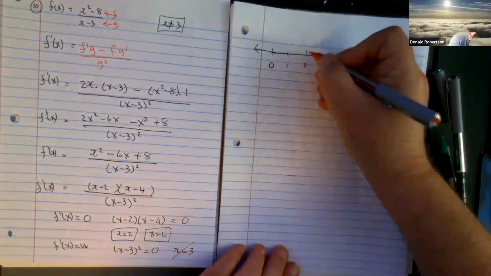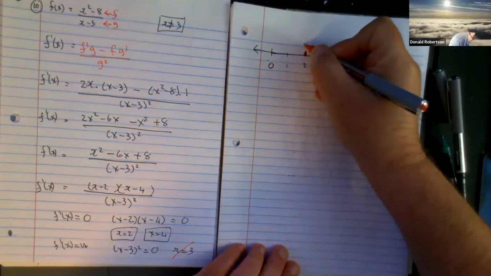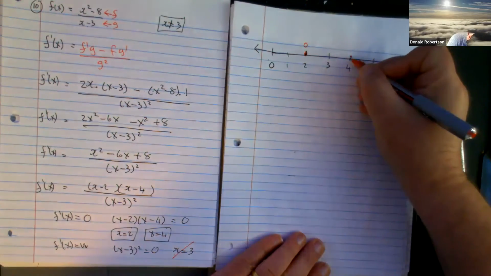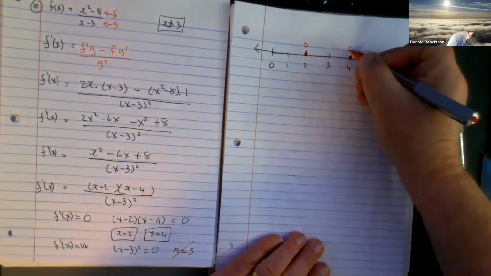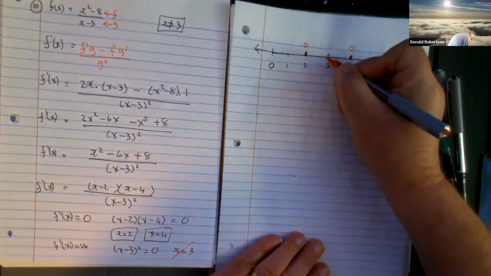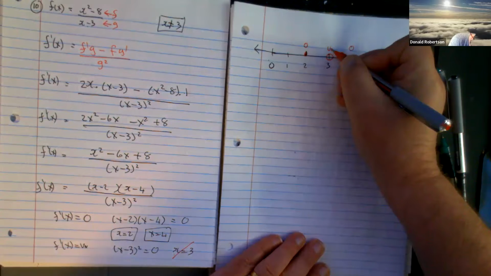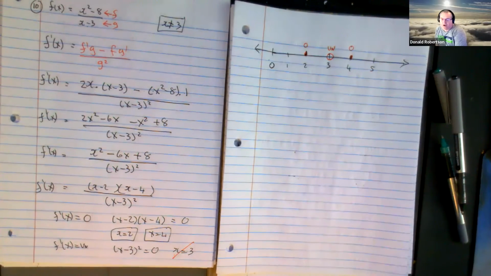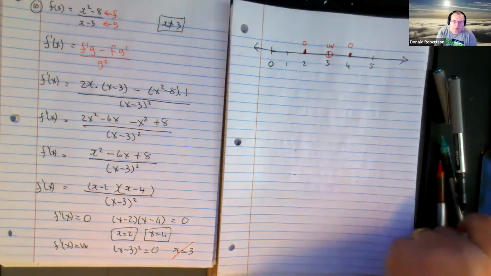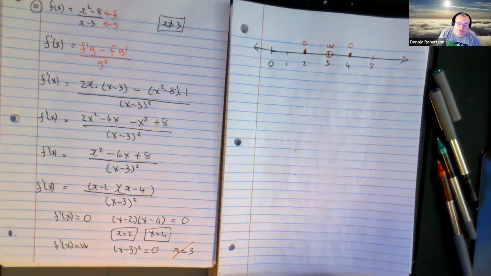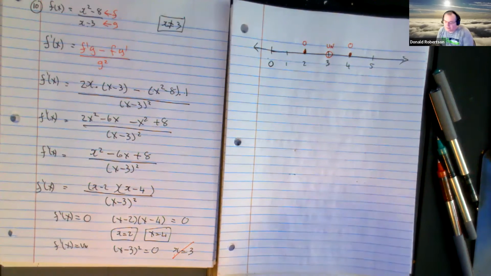At x equals 2, I have a 0. At x equals 4, I have a 0. And at x equals 3, even although I cannot use it, I'm going to put it in as an undefined value, because undefined values can affect when a function is increasing and decreasing.